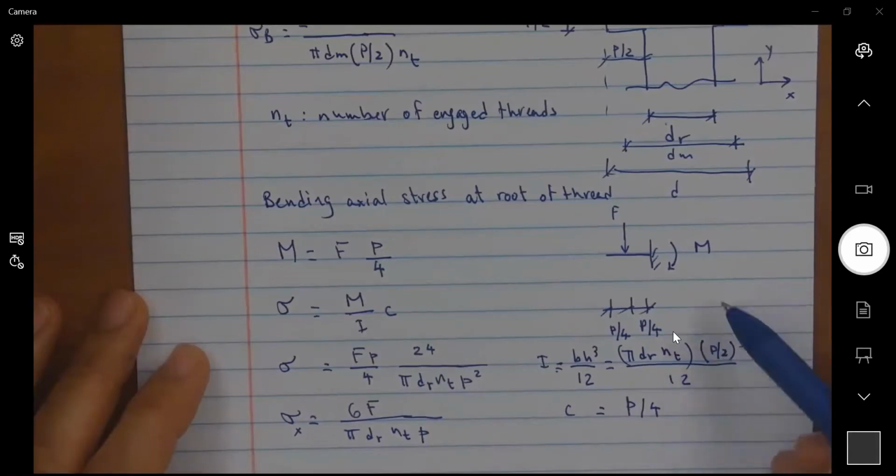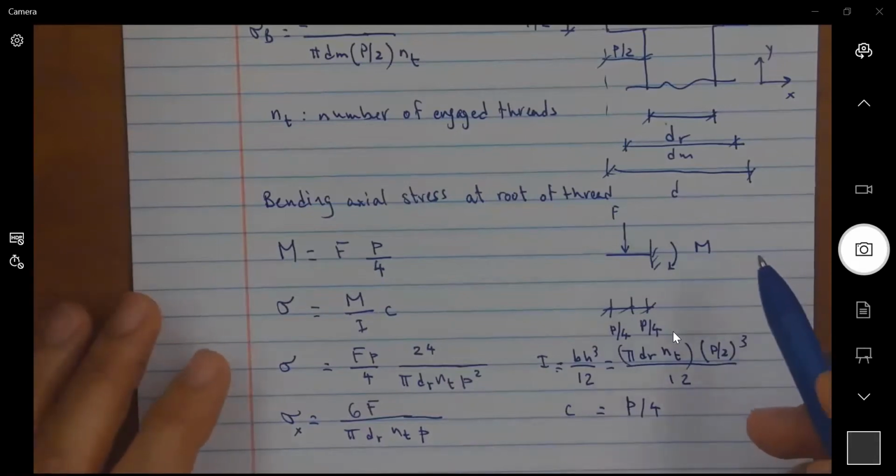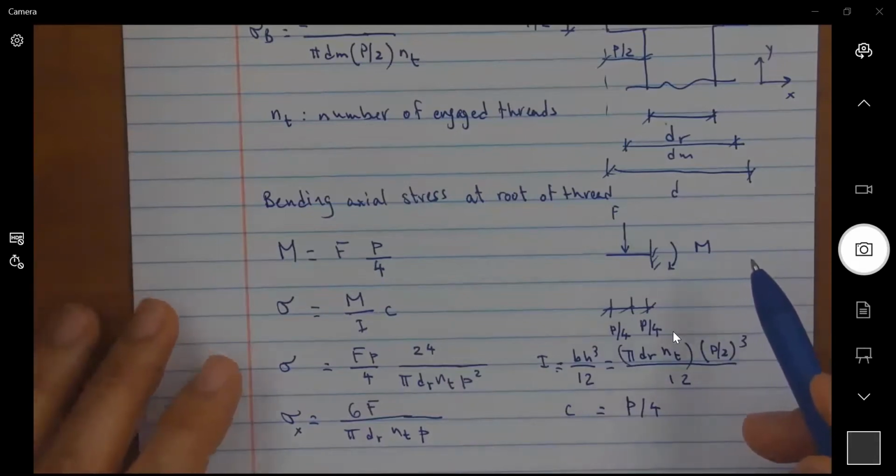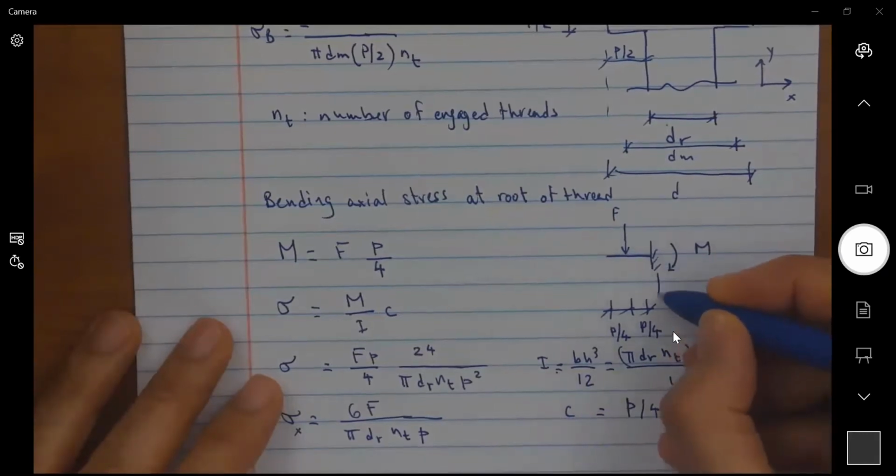Now, as I think of the behavior of a thread as a beam, what other stresses are going to be there? Like I'm showing here a bending moment, there is also a shear force.